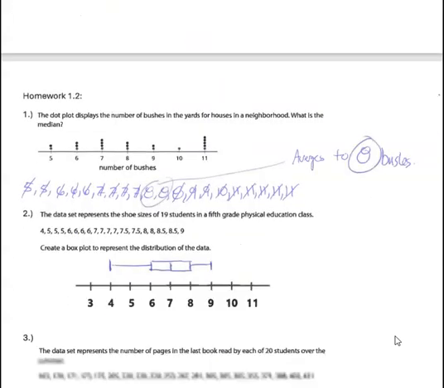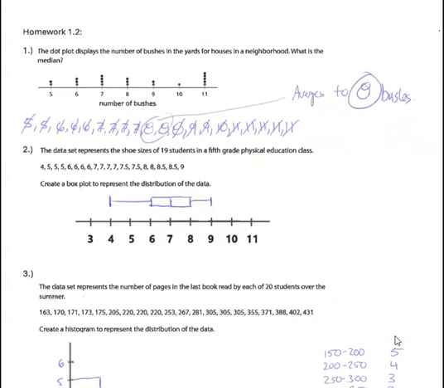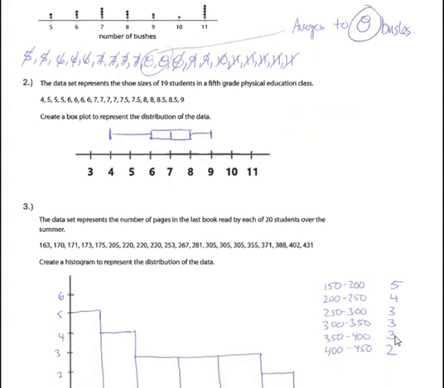All right, let's go over the homework real quick. On this first one, it says what is going to be the median. It's kind of hard to see the median unless you list out all these numbers. So the dot plot I changed just to be a list of numbers, and that way I was able to find out what the middle was. There were 2 middle numbers, which were 8 and 8, and they averaged to 8. So the median is going to be 8. The next one, I knew my lowest number was 4, my highest number was 9. I was able to find my median was 7.